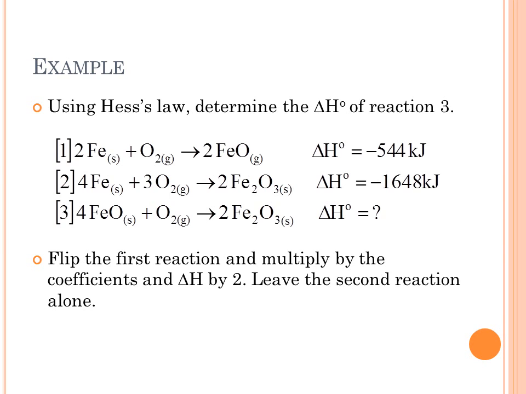So we're going to flip that first reaction, and to get the coefficient to match, I'll need to multiply all the coefficients by 2. And you have to multiply all the coefficients by 2 so that the reaction is still balanced. So for the enthalpy of that first reaction, I'm going to change the sign, and then double it. And then I'll add those two reactions together.